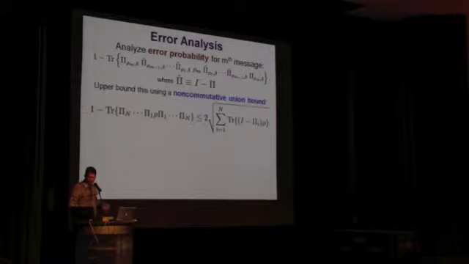Okay, so what Pranab came up with was this non-commutative union bound, which is very much an analogy to the union bound from probability theory. So it could have many applications in other areas of quantum information processing. But generally, this is the general statement of the bound. So if there are a sequence of projectors that correspond to a correct sequence of events, 1 minus that is the complement of those events.